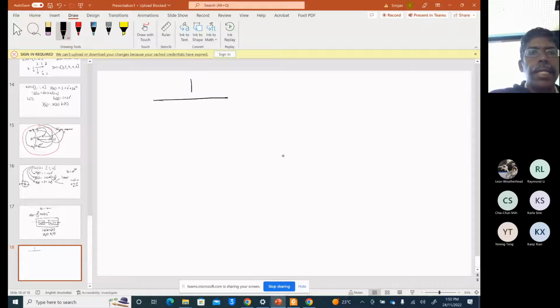So let's say 1 plus 4z plus 3. Then you can break it into a partial fraction, with 1 plus z to the minus 1.